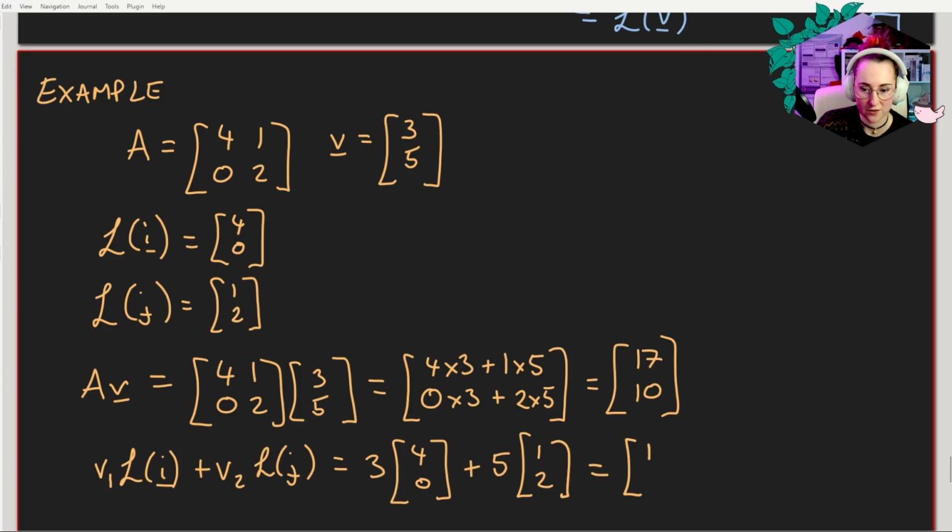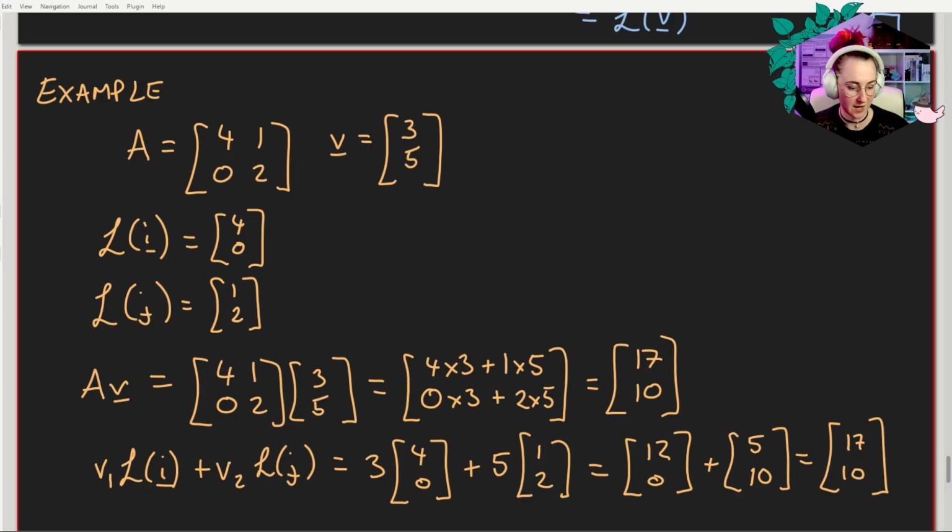So that gives me the vector (12, 0), add (5, 10). And then adding those vectors, we add element-wise, so we get (17, 10). So both ways of doing it, we get (17, 10). Now, if matrix multiplication like this scares you, this way is a bit more step by step and bringing it out, which is quite nice. So let's shift over to Desmos.